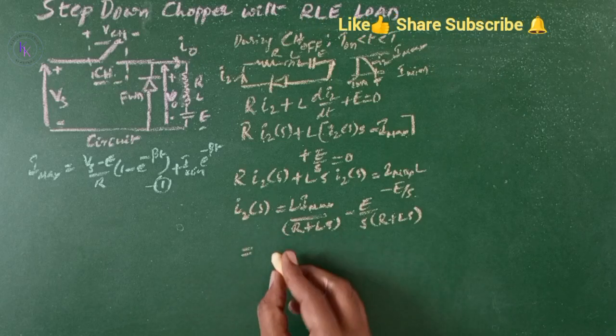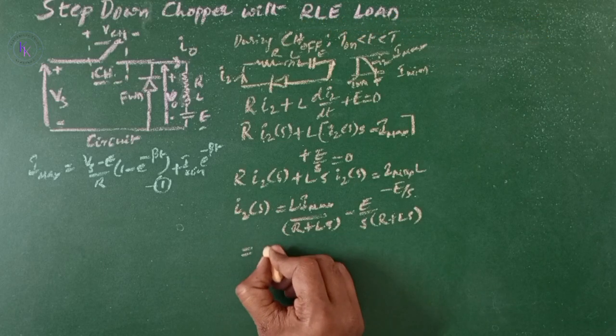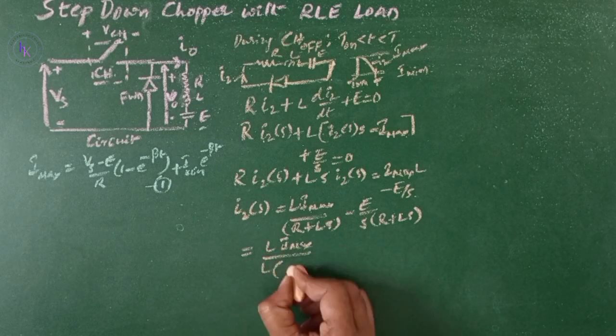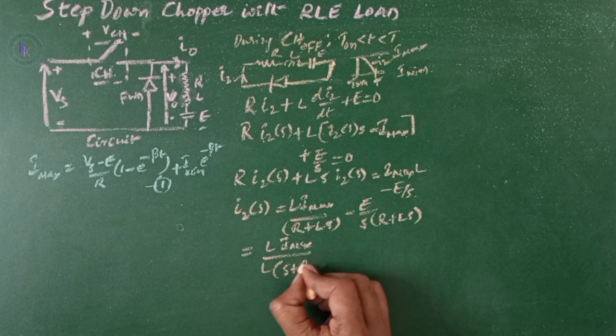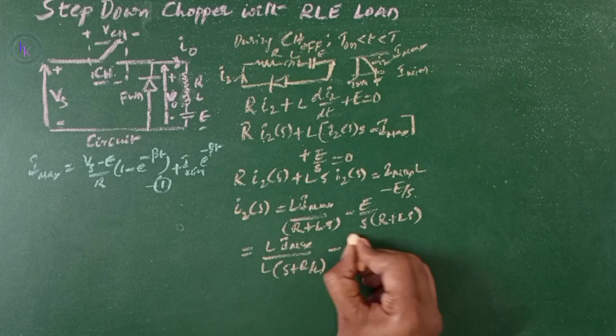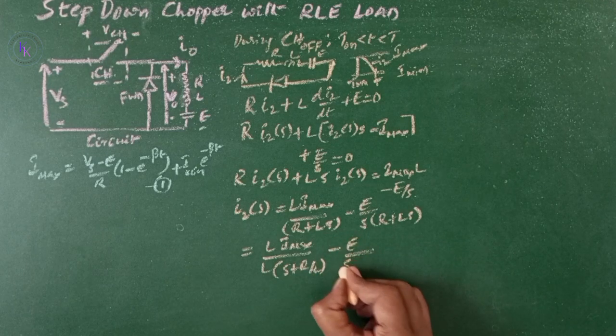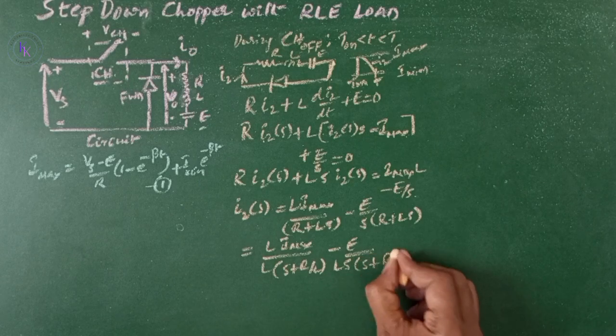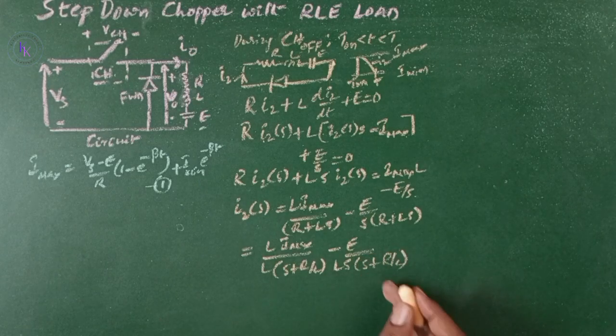Taking the L out of the denominator brackets, L I max divided by L (s + R/L) minus E/(s L (s + R/L)). And we have assumed that R/L is equal to beta.